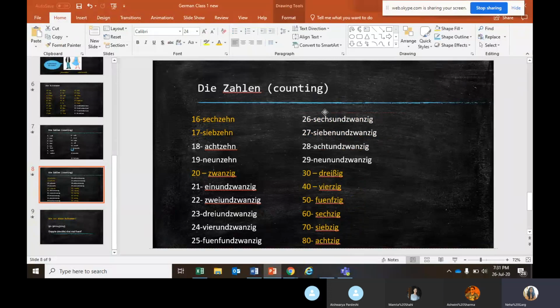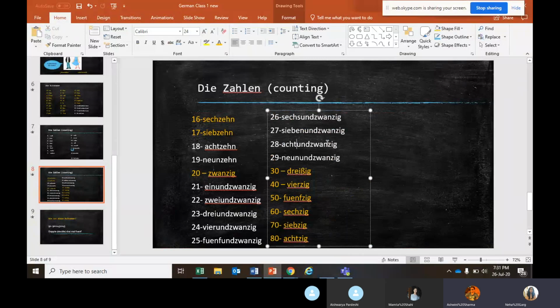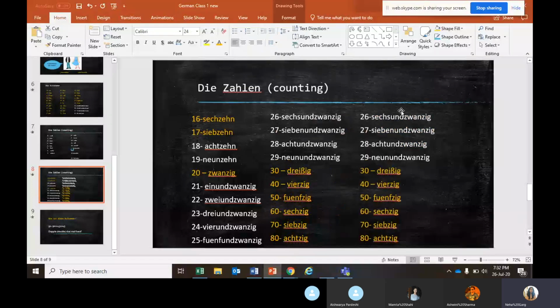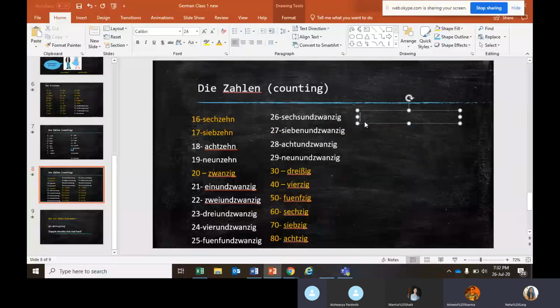Neunzig. Right. Then 100 would be einhundert. So 100 would not be zig, it would be einhundert. So we are using ein here, right? Yes, instead of ten, and then 100 is hundert.